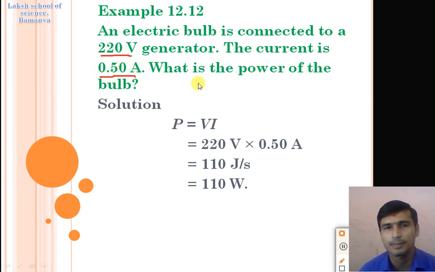What is the power of the bulb? We know the formula of electric power: P is equal to V into I. So the voltage is 220 volt, and the current drawn by the bulb is 0.50 ampere. So we easily calculate the power as 110 watt, right.